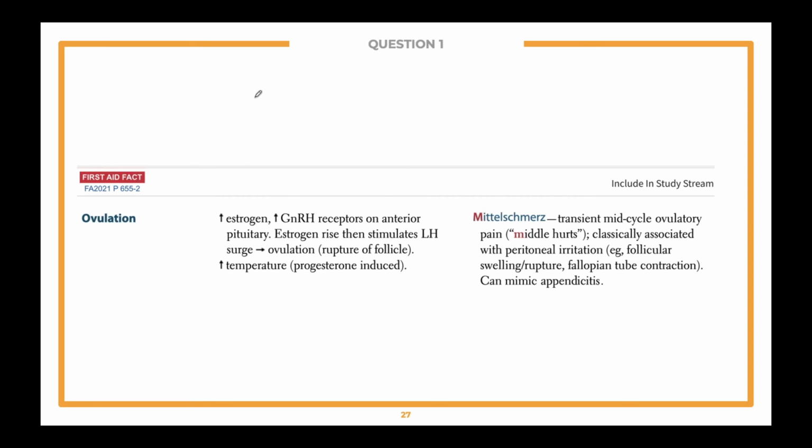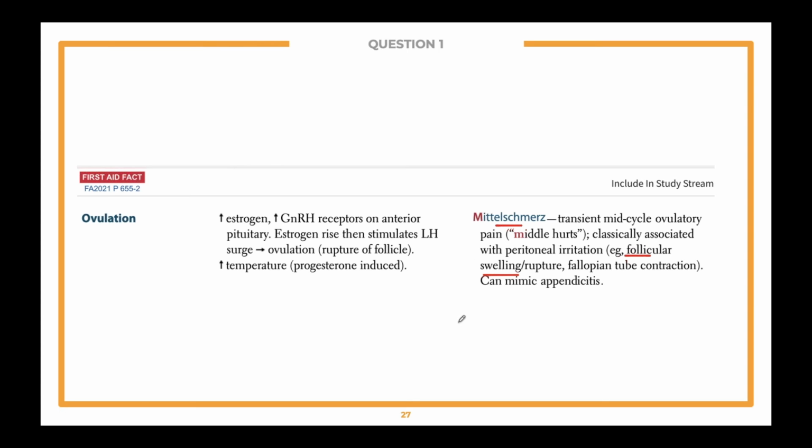And it's usually due to prostaglandin release when that follicle gets ruptured, okay? And that prostaglandin, that blood, can cause some irritation of the peritoneum. So you can feel that pain, okay? And this is a benign process.